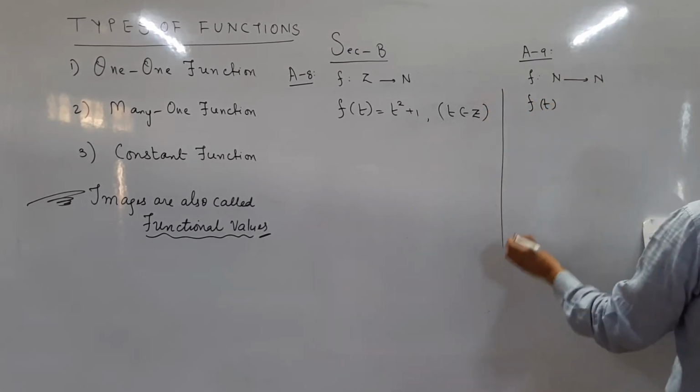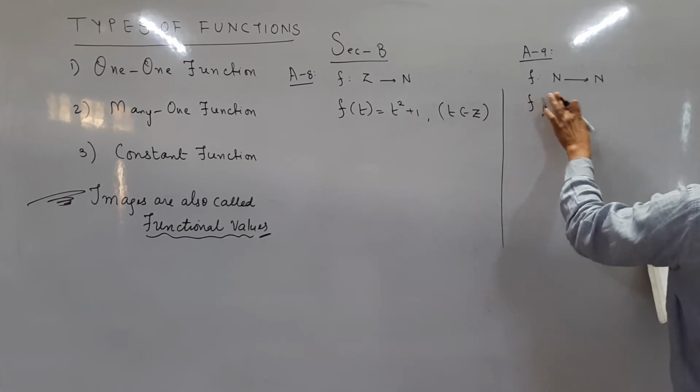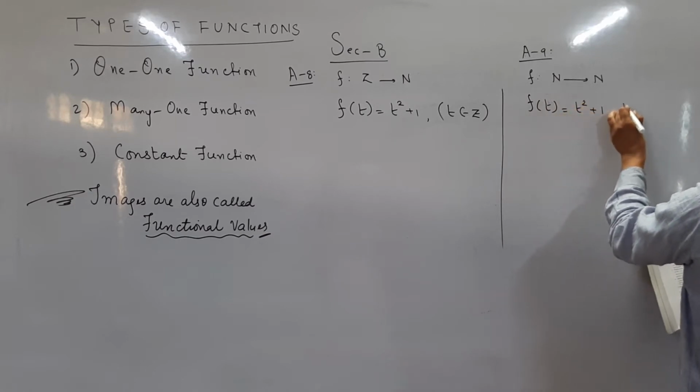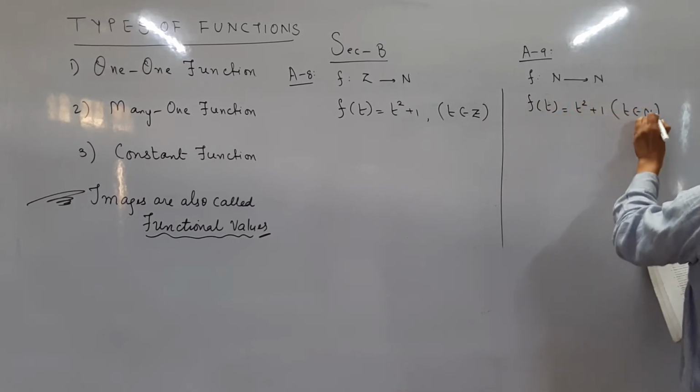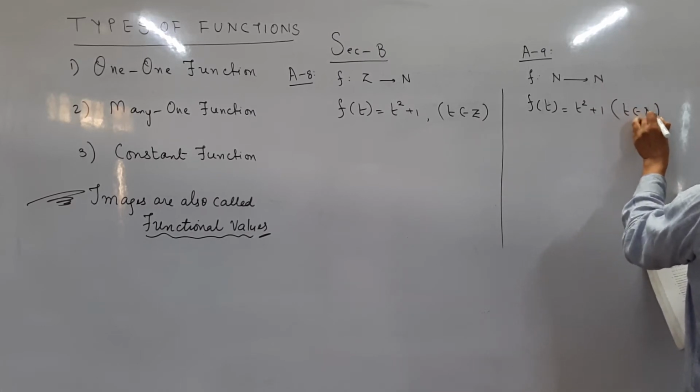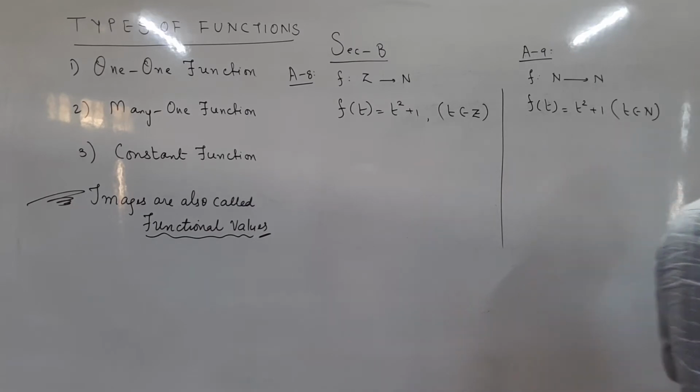And the functional rule is f of t is equal to t square plus 1 where t belongs to N. In both these questions, students, we have to state the type of function, that is, out of one-one, many-one, onto and constant, what is the type of this particular function. That, students, we have to keep in mind.